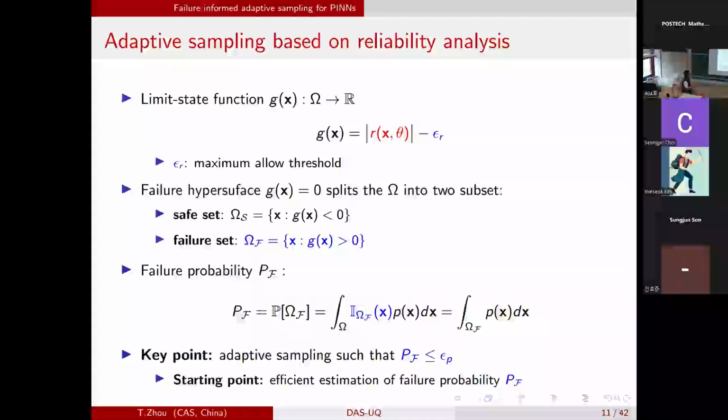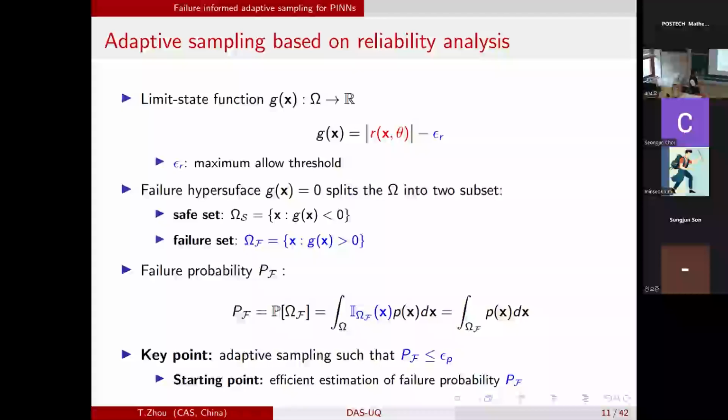If you have 1,000 training points and you have 10 points that are larger than the tolerance, then the failure probability is like 1%, something like that. You care about a probability, not a single point. This is the main difference between the finite element method and here. In finite element method, you can consider a single element because the whole mesh is structured.